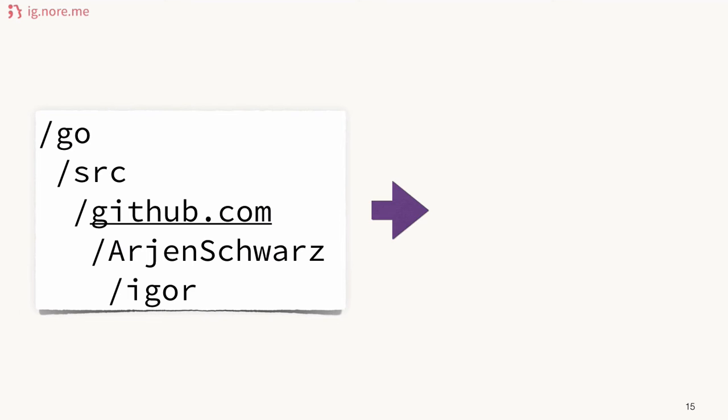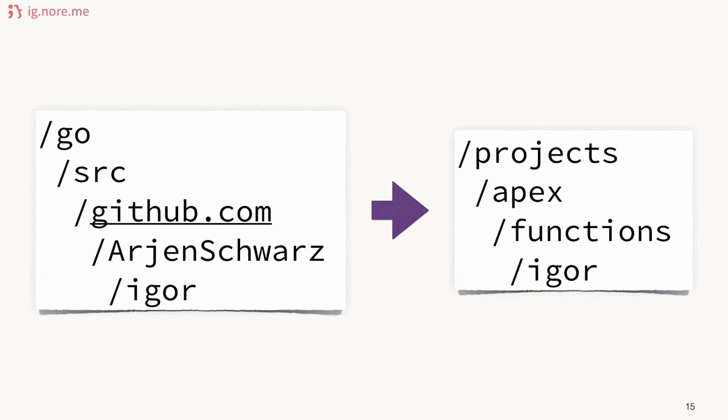Instead, Apex wants its projects in a functions directory, and under that the function name, and in there the code. This, however, does not match with the Golang structure, and I did not feel like copying things over all the time just to upload it and test it and things like that.